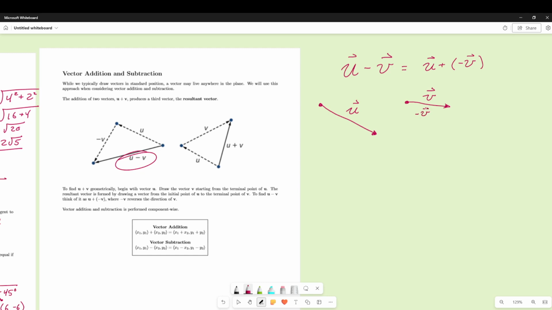Well, what does it mean to be negative v when we're talking about vectors? Well, it just means that you're a vector of the same magnitude pointed in the opposite direction. So instead of going from P to Q, the opposite goes from Q to P. So if we wanted to subtract these two vectors, turn v into the opposite of v and do the same head to tail.